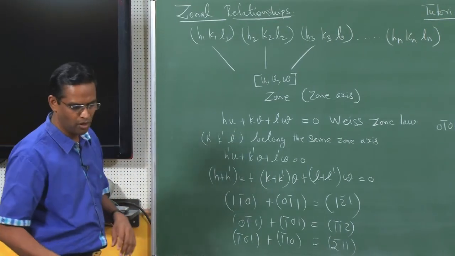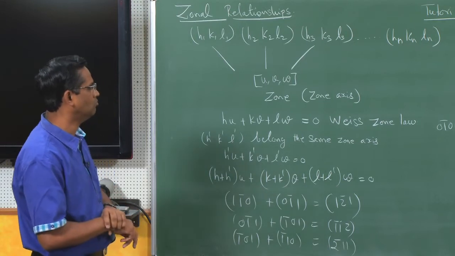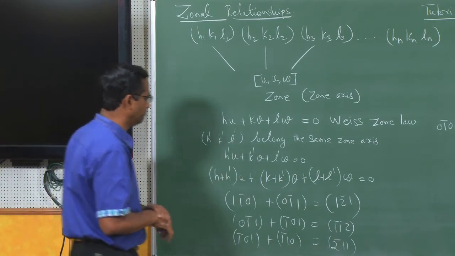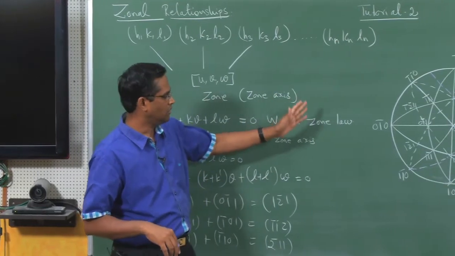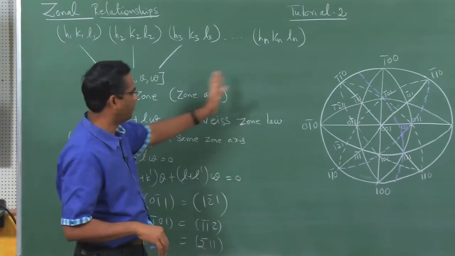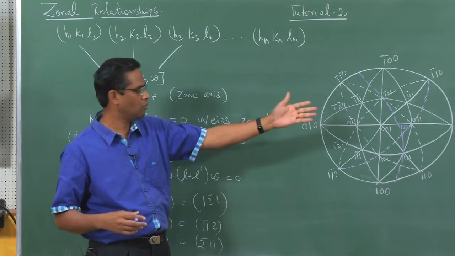I hope now all of you will be able to solve this problem. If I give you quite a bit of poles of different sign, you do not have to worry about it.